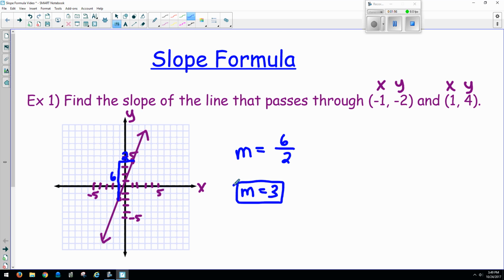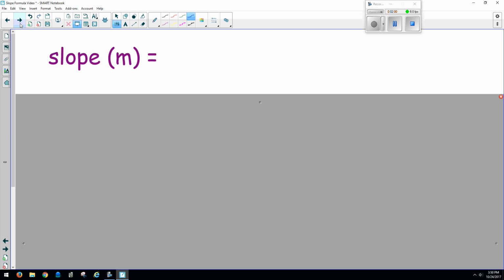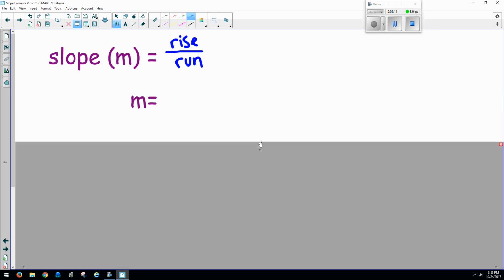So we're going to be talking about using a slope formula instead. So as we already said, the slope, that's a symbol for slope, m, is equal to rise over run. But there's another way I want you to look at it, and I'm going to give you some fancy symbols here and tell you what they mean.